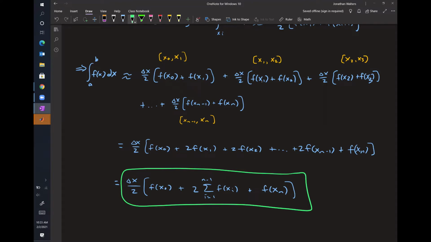So this will give us a way to numerically integrate a function over some interval AB. So let's look at an example.